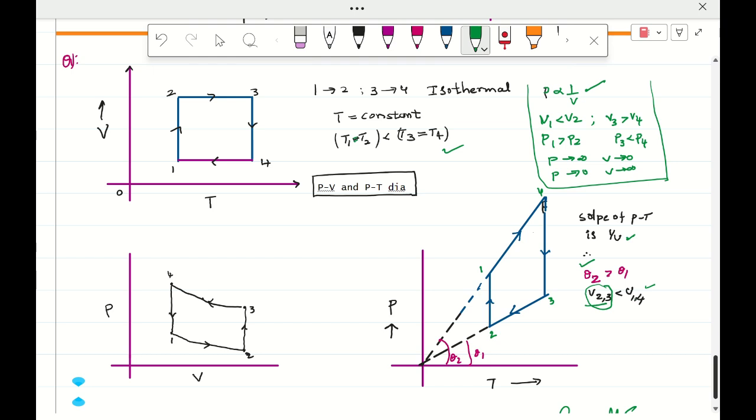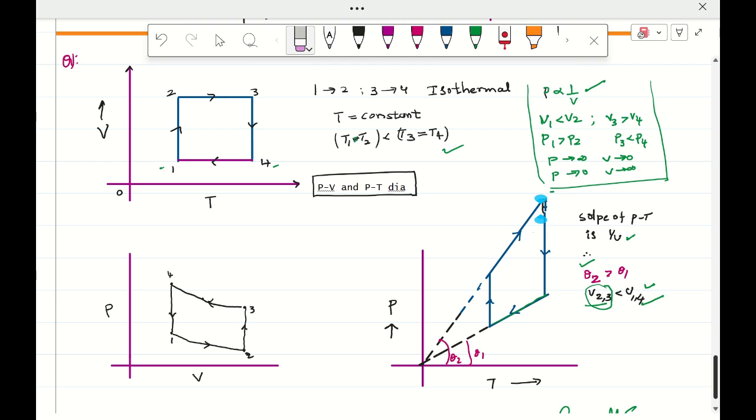So these numbers you have to check: this is 2,3 and this is 1,4. Because the slope is less, V1 and V4 are more, and V1 and V4 are equal, and V2,3 should have a different value. Sorry, I made you confused. Don't be confused.